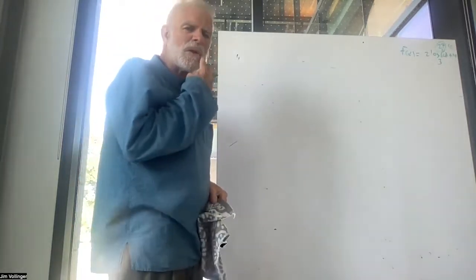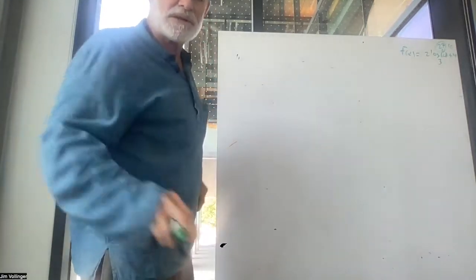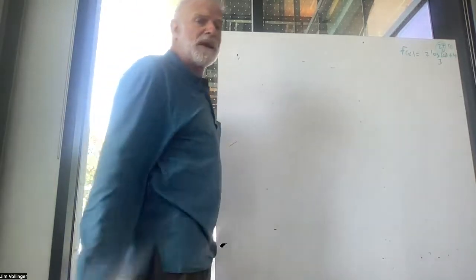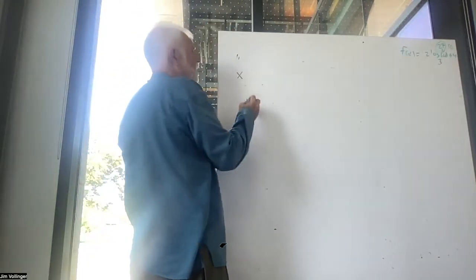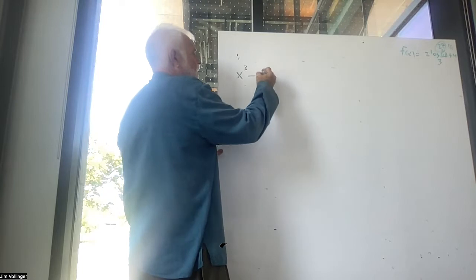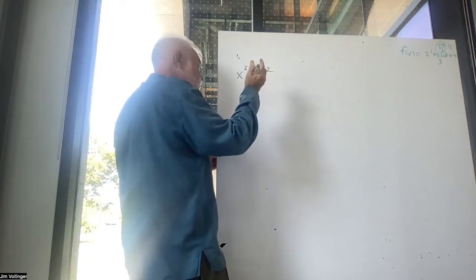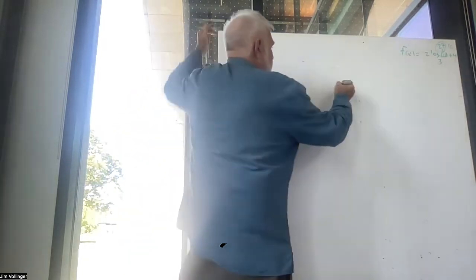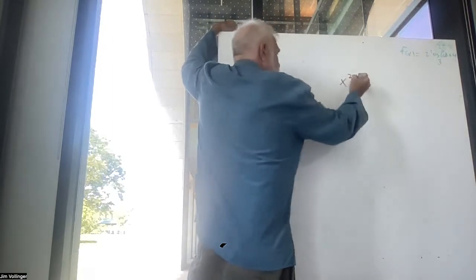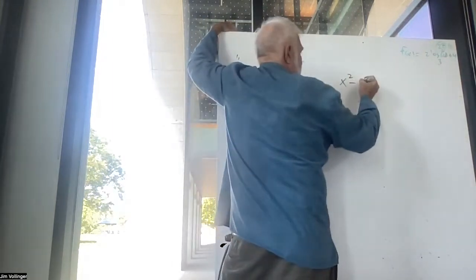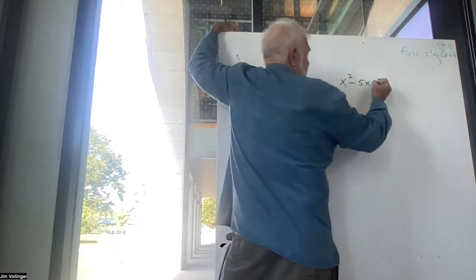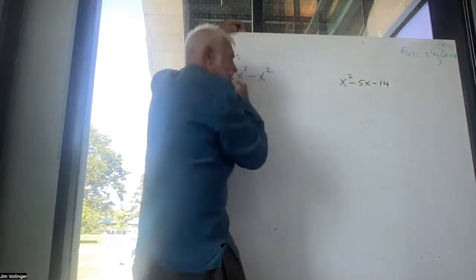Factoring. I don't have the actual numbers, the specific numbers, but I do remember the topics. So how would we write x to the third minus x squared as a product? And how would we write something like x squared minus 5x minus 14 as a product?